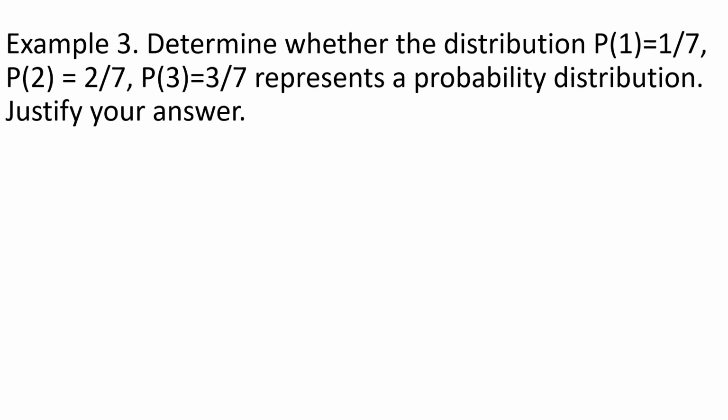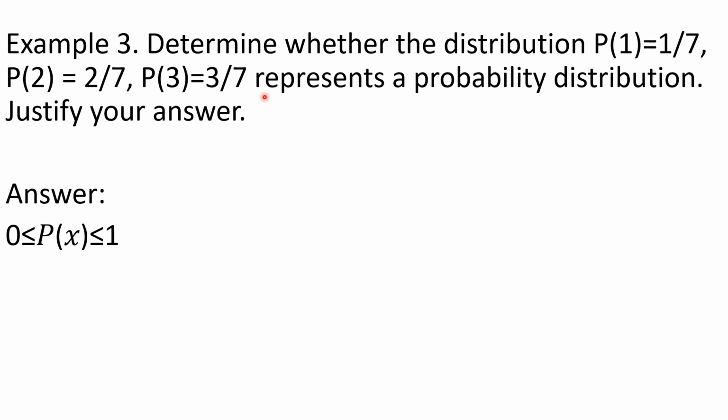Example 3. Determine whether the distribution p of 1 equals 1 over 7, p of 2 equals 2 over 7, and p of 3 equals 3 over 7 represents a probability distribution. Justify your answer. Okay.